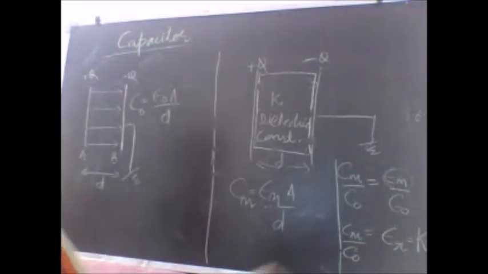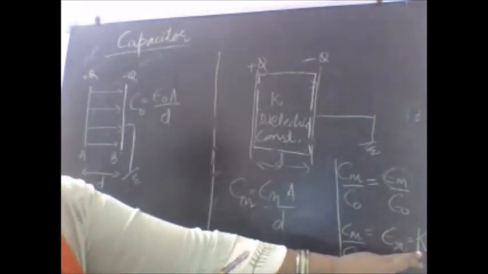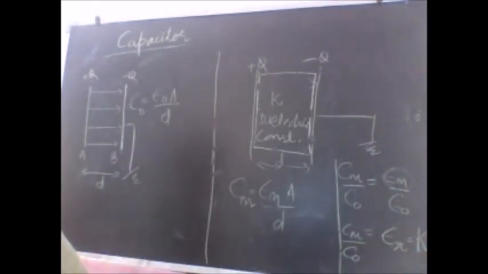All the insulating mediums have the value of K more than 1. And if we compare the value of the dielectric constant of the different mediums, we observe that air has the value 1, which is minimum. And for the other mediums, the value of K keeps rising. For water, the value is 81.